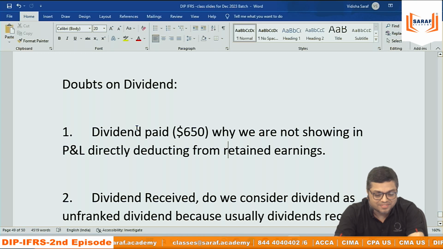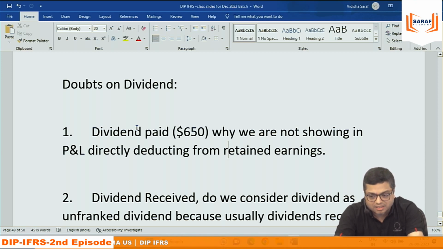In the balance sheet, it's debit retained earnings and credit payable. That means current liability. That means retained earnings will be reducing in the balance sheet, and under current liability you will be showing dividend payable, right? Yes.